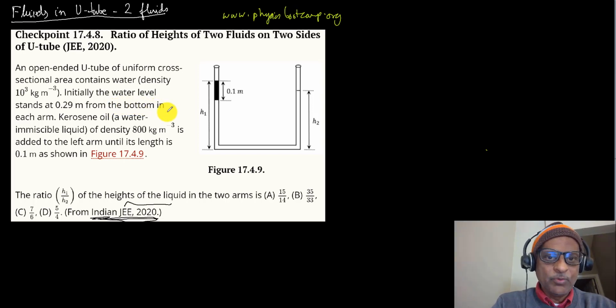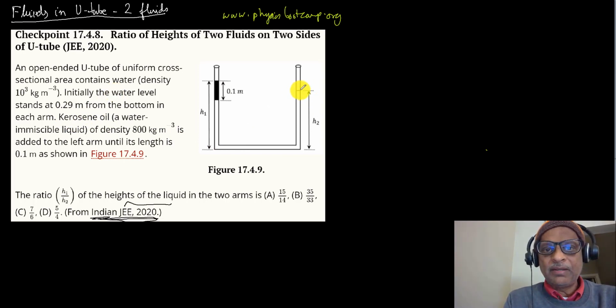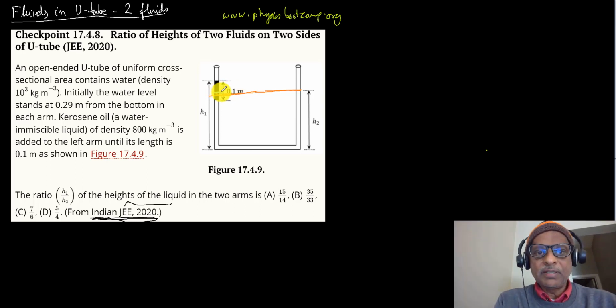So initially there was water on both sides, at the same level, some 0.29 meter. So right now it's at this level. The right side has that level, but initially let's put the right level more properly above, like that.